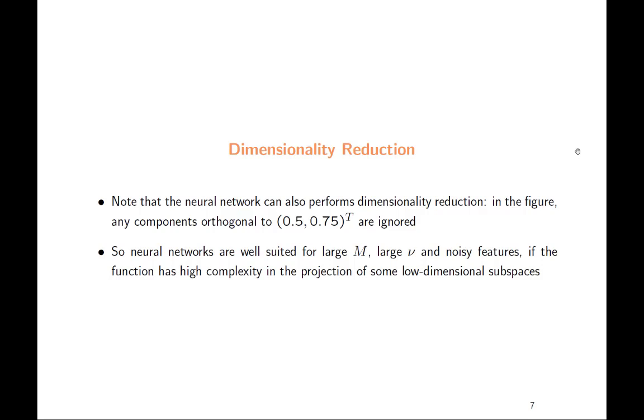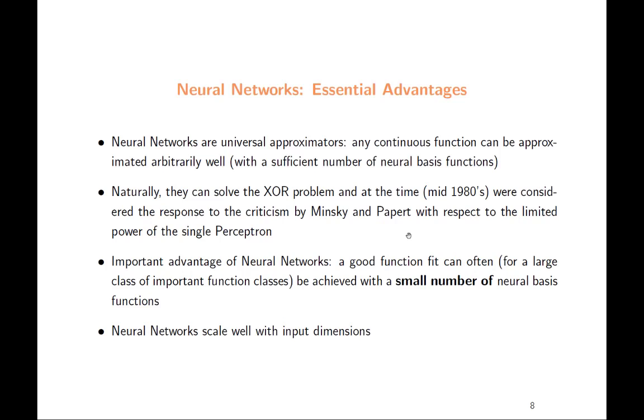So it can model pretty complex functions with high input dimensions and noisy features, because we have sort of this voting behavior in the beginning, where often any individual input doesn't have a huge influence.